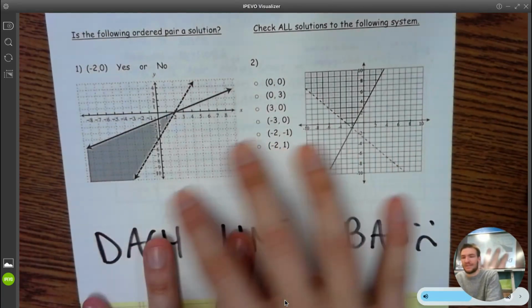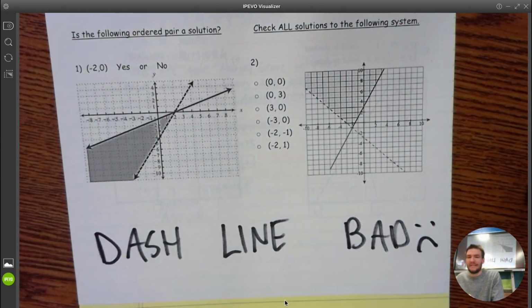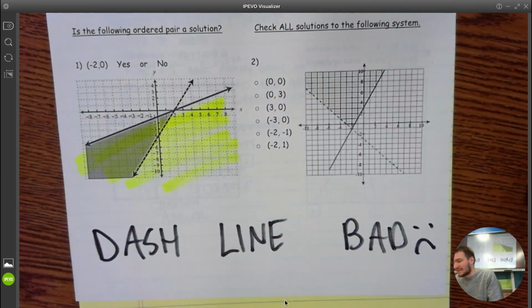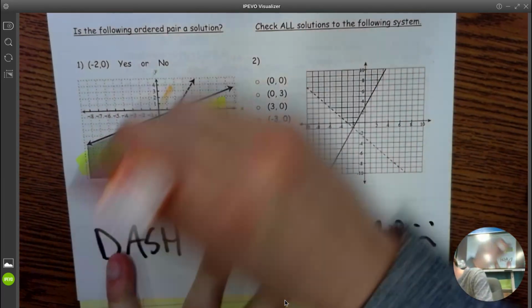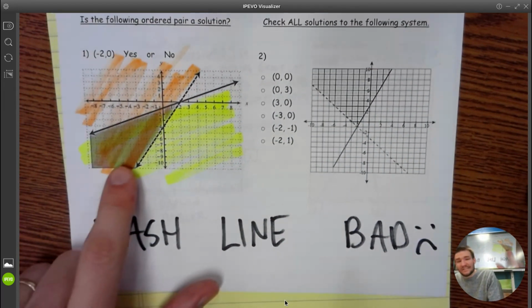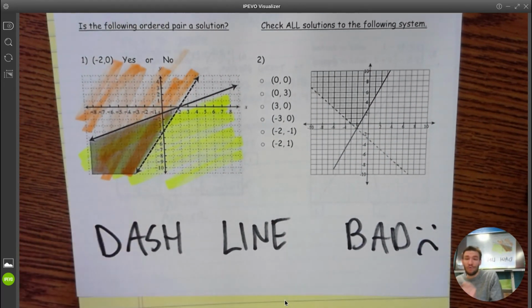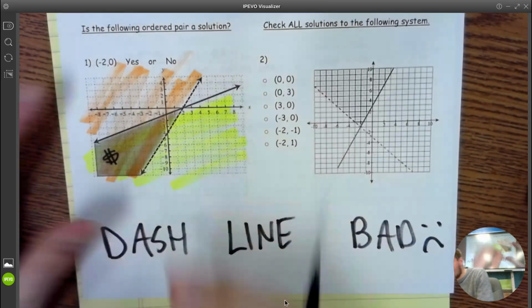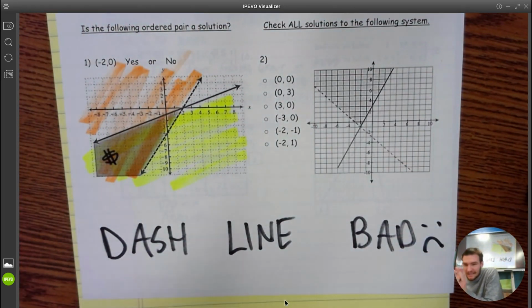If you're looking at a picture like this, I don't really love that they show you this to start. Basically, you have one line that looks like that, and you have one line that looks like that, right? And so this region down here, which has both colors, the yellow and the orange, this is the money side, right? This is the little money corner. This is the money section, right?